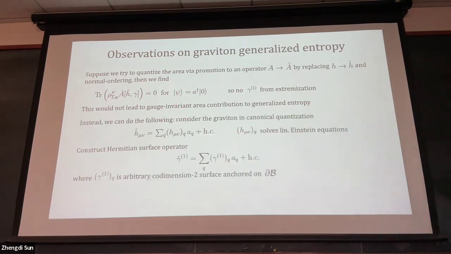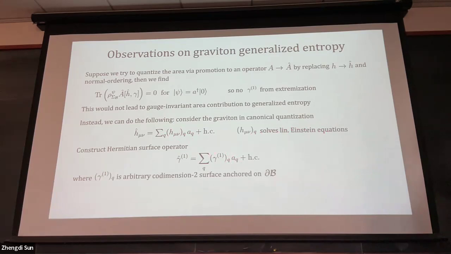What you can do instead is, so here's the graviton canonically quantized. I've written it as a sum over quantum numbers little q. Here are the gravitational waves, and here's my annihilation operator, where H here is the gravitational wave that solves the linearized Einstein equations. Now I construct a Hermitian surface operator out of these A's and A daggers.